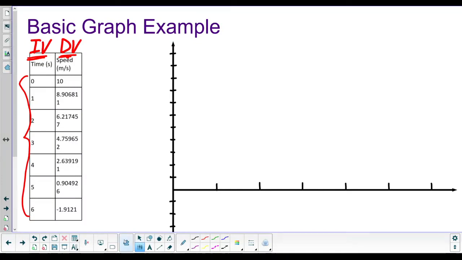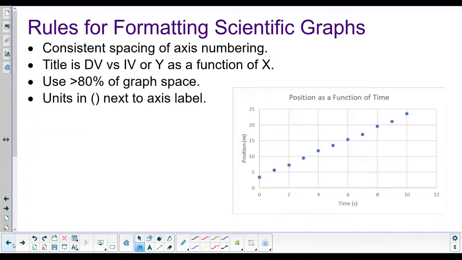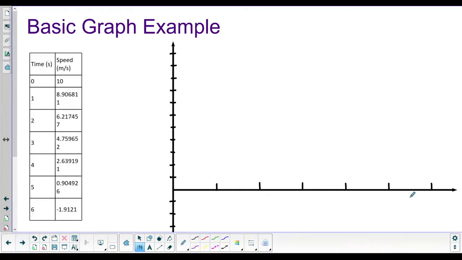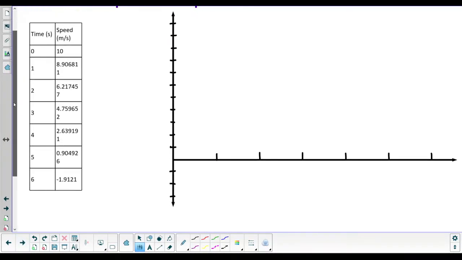Okay. So let's go check that checklist, shall we? All right, consistent spacing of a numbered axis. So let's number this axis, shall we? For my dependent variable, which is going to go on the y-axis, the thing I'm measuring is going on the y-axis. I need to go up to 10 and make sure I can go down to -1.9.